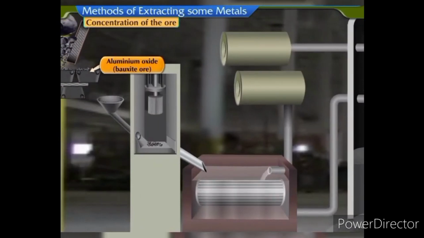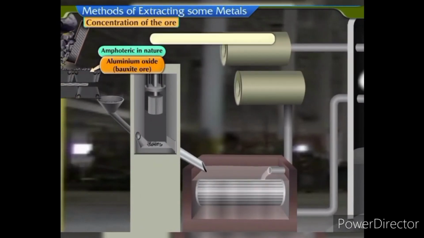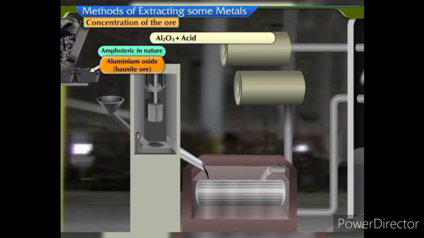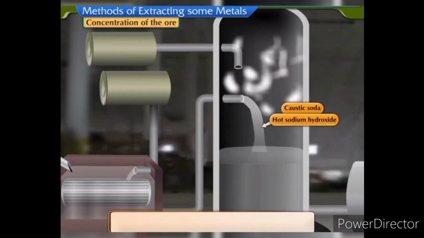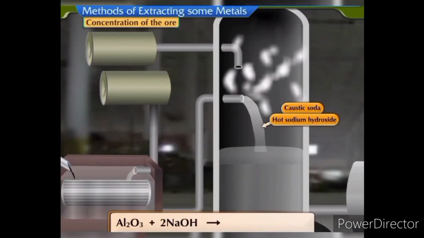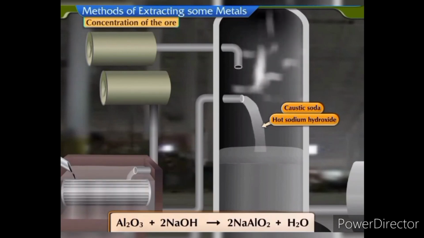Aluminium oxide of the bauxite ore is amphoteric in nature. That is, it can react with an acid as well as a base to form salt and water. It therefore reacts with aqueous sodium hydroxide and dissolves in it to form water-soluble sodium aluminate.